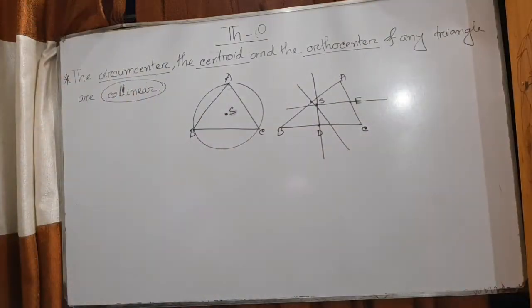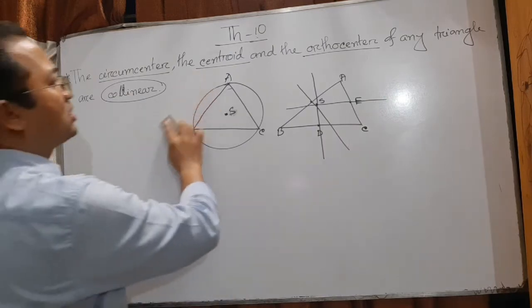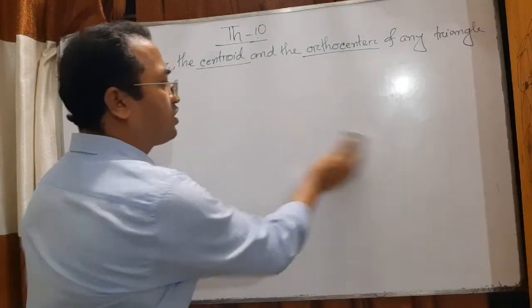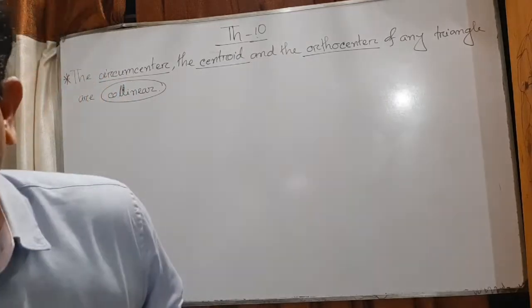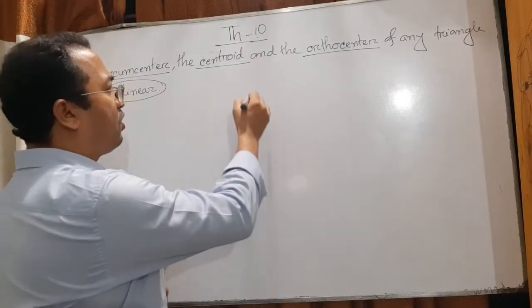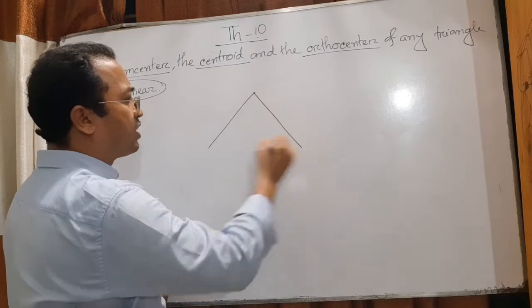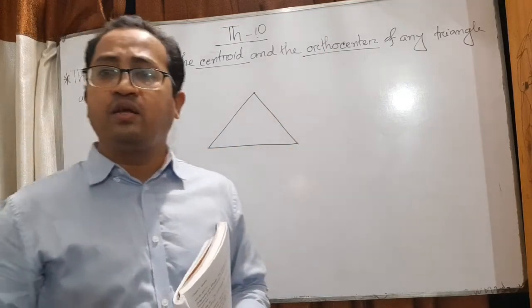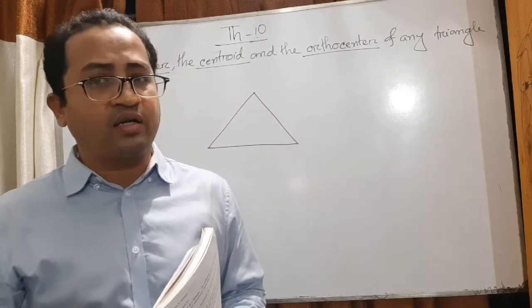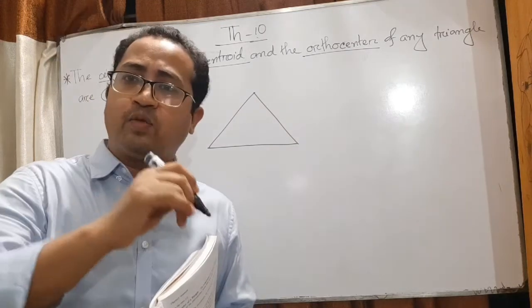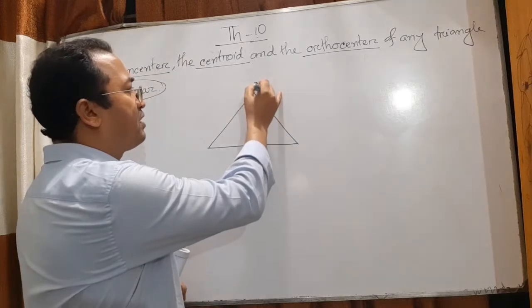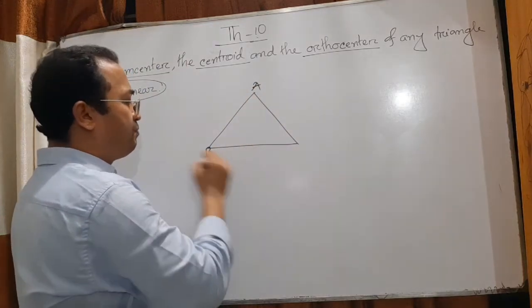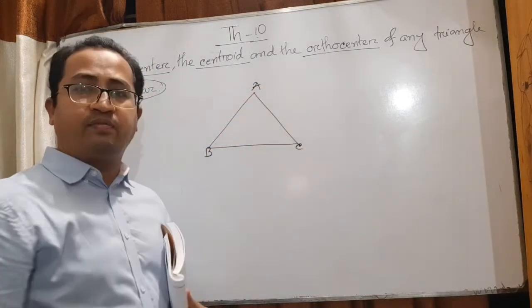Now come to the centroid. Centroid is very easy. I think you know this. Look, already in the previous theorem I told you a triangle has 3 medians because it has 3 vertices and every vertex has an opposite side. A is a vertex, B another vertex, C another vertex.